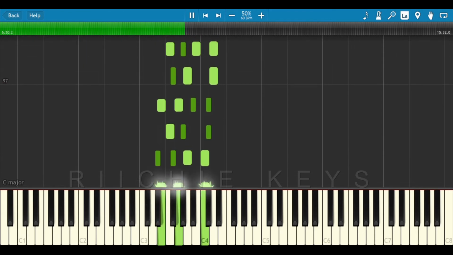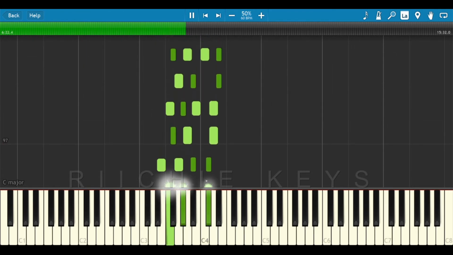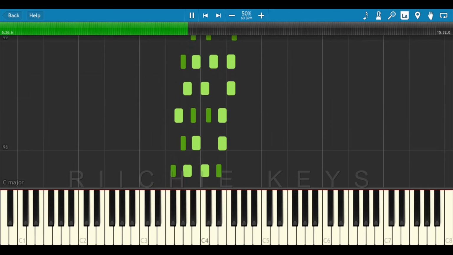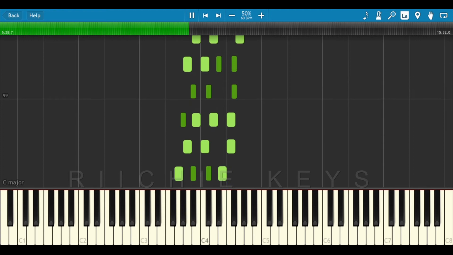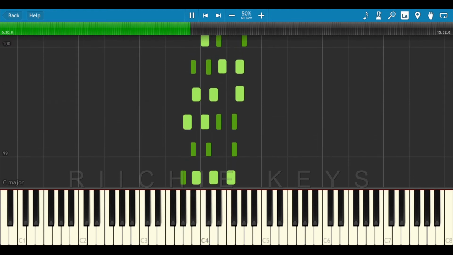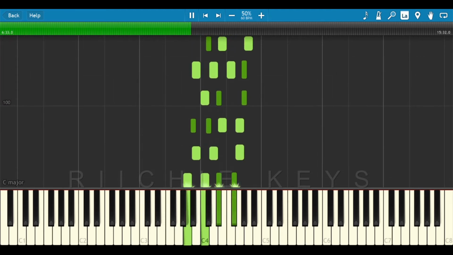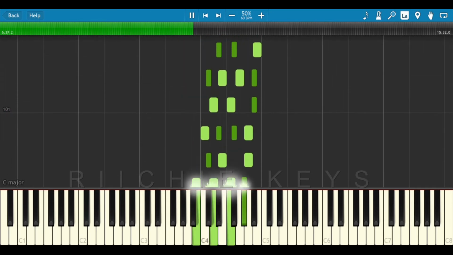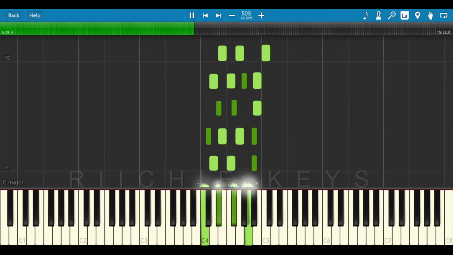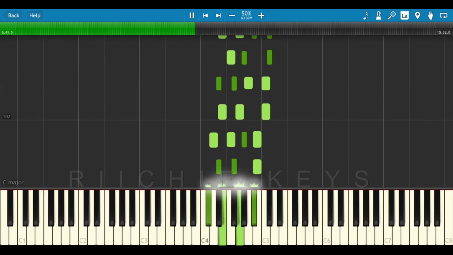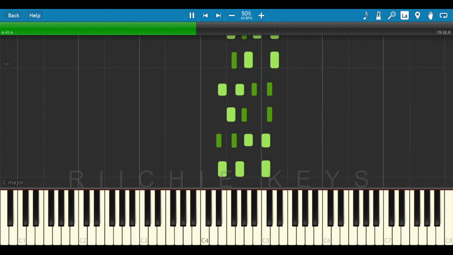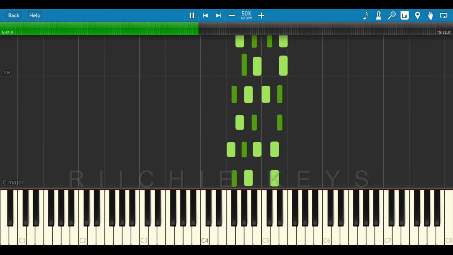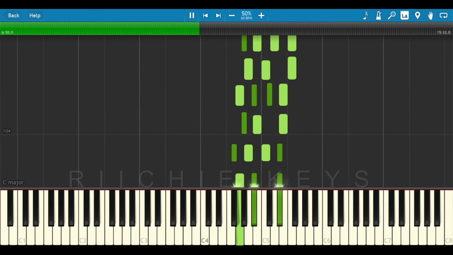I'm doing it slow as well, right? It's a very good exercise for you, a very good way for you to practice the IDs in all the different keys, right?